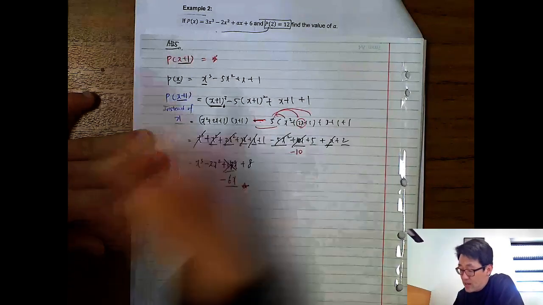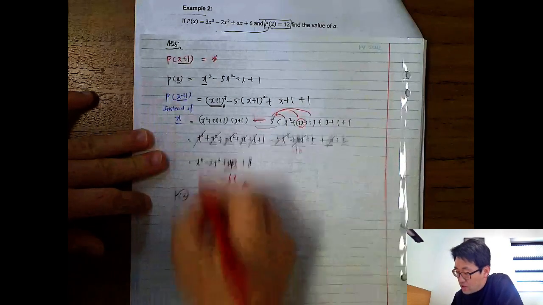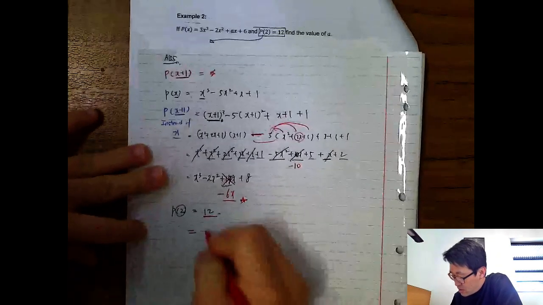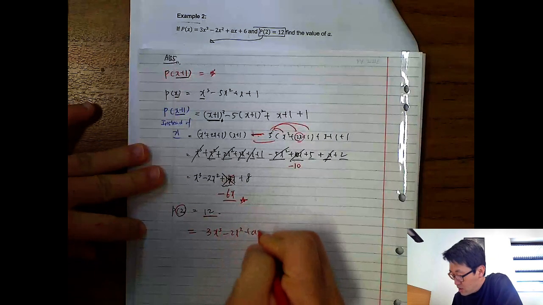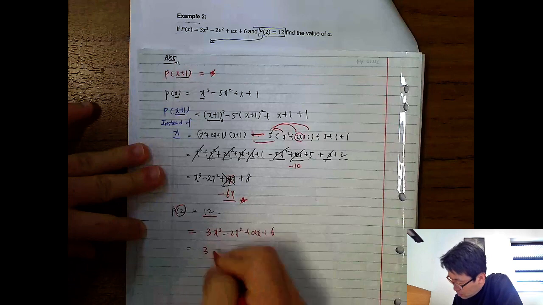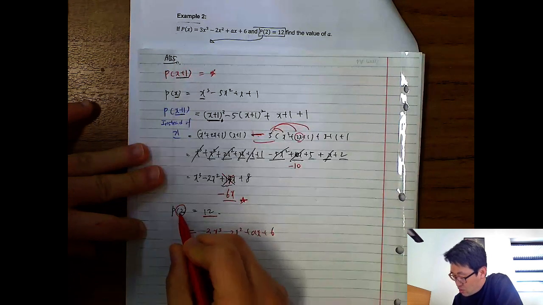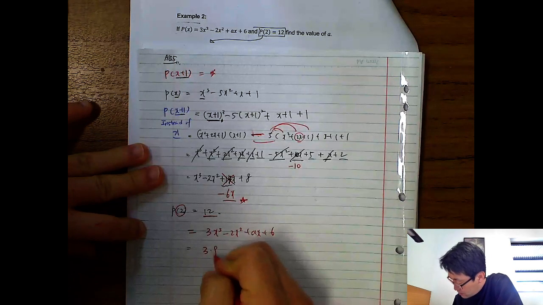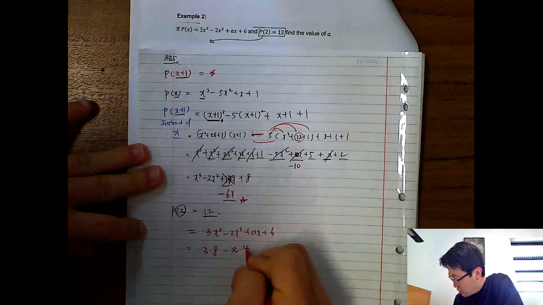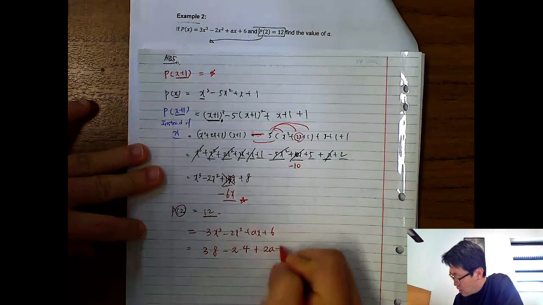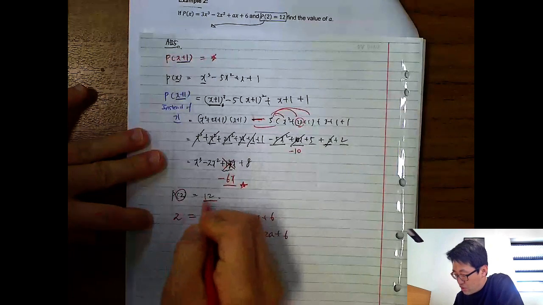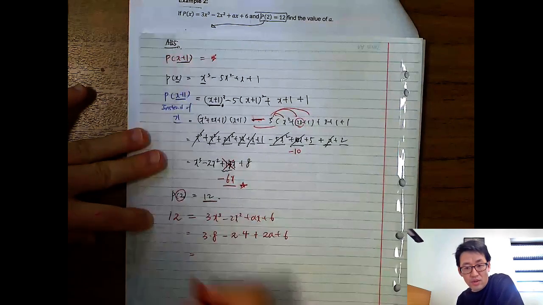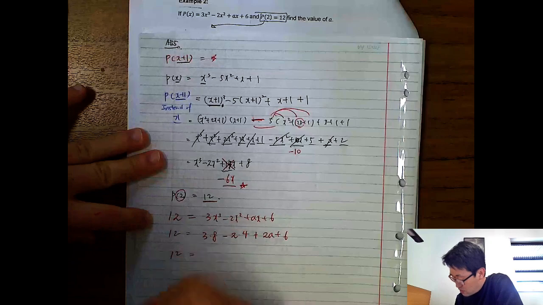So let's do that here. When x is 2, I'll write down 3x cubed minus 2x squared plus ax plus 6. 3 times 8, minus 2 times 4, plus 2a plus 6. Which is, what should I get? I get 12, isn't it?